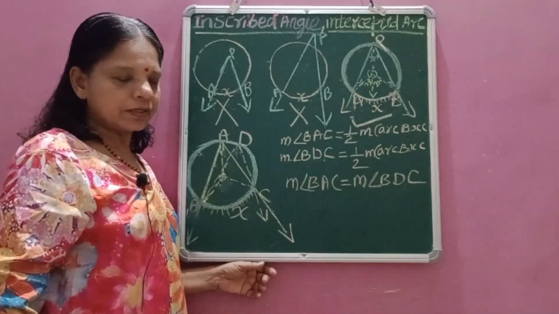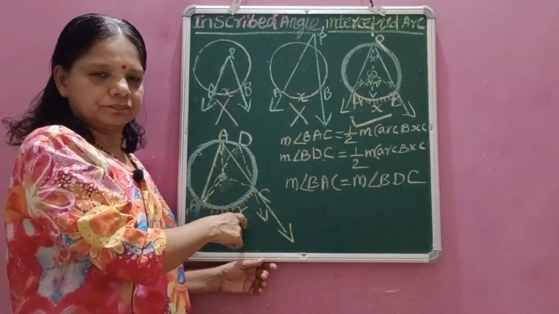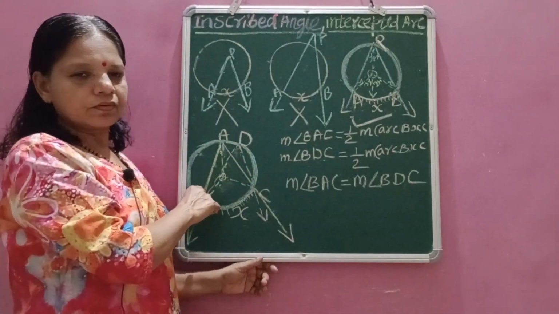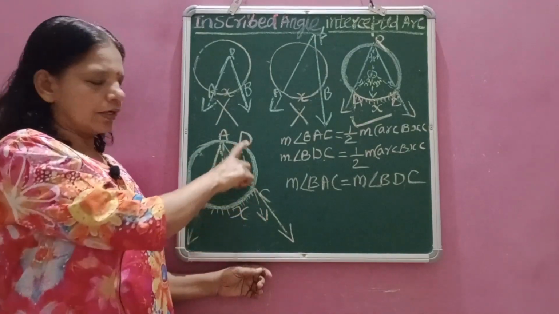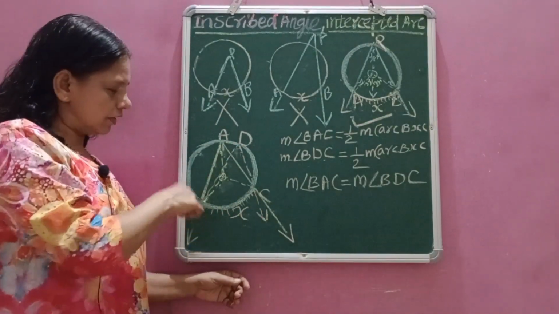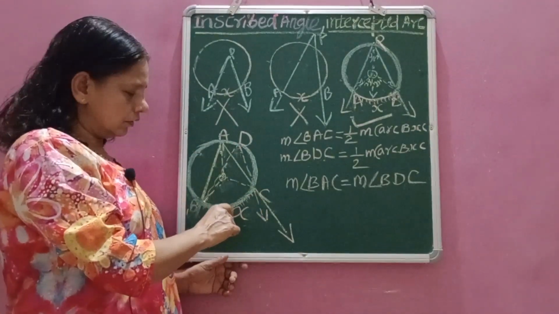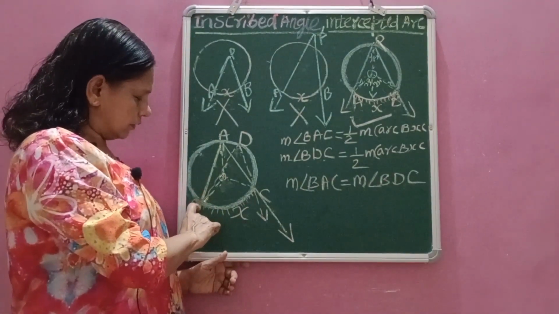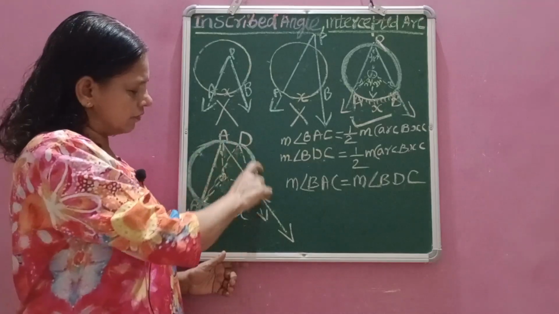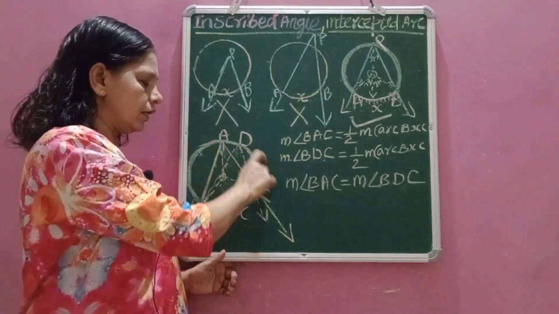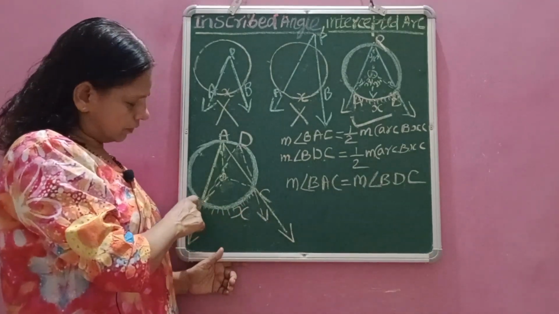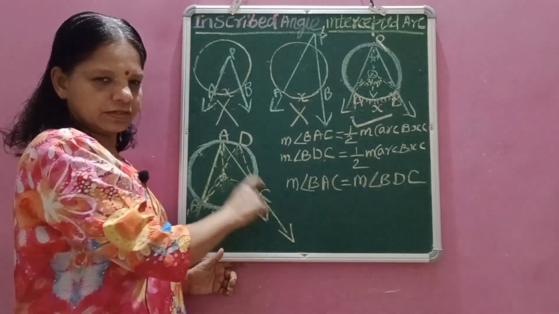Now one more property. See this figure. Here you can see two angles are inscribed in the same arc. In which arc is it inscribed? Arc BAC, or you can name it as BDC. Which is the corresponding intercepted arc? Arc BXC.